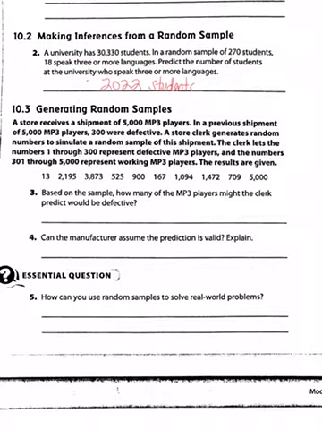Let's look at 10.3. A store receives a shipment of 5,000 MP3 players. In a previous shipment of 5,000 MP3 players, 300 were defective. A store clerk generates random numbers to simulate a random sample of this shipment.